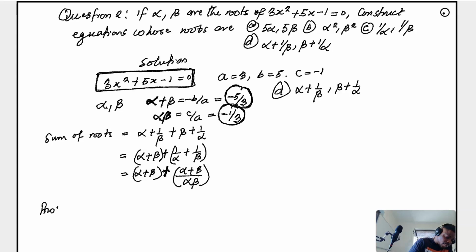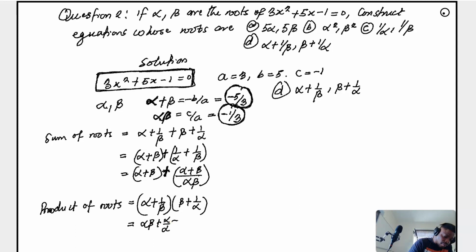Then the product of roots. Product means alpha plus 1 over beta multiplying beta plus 1 over alpha. If you multiply this out, this times this is alpha beta, plus alpha over alpha, plus beta over beta, plus 1 over alpha beta.